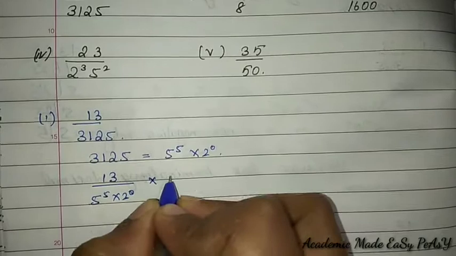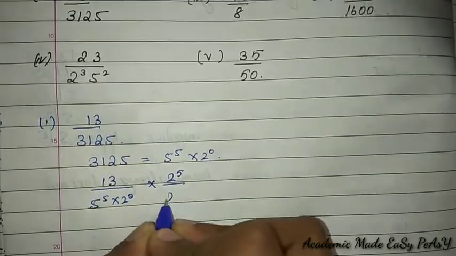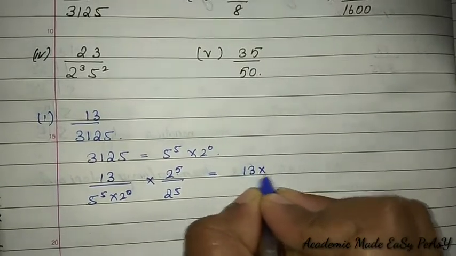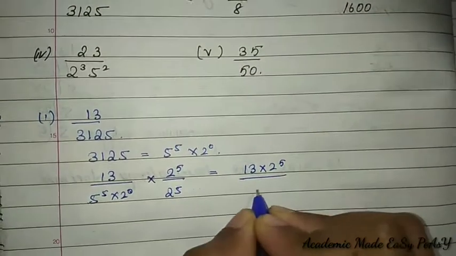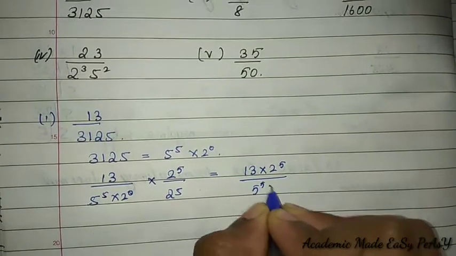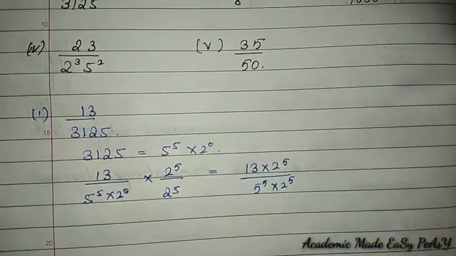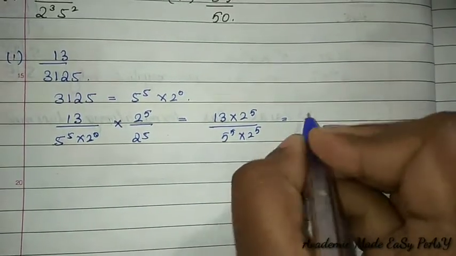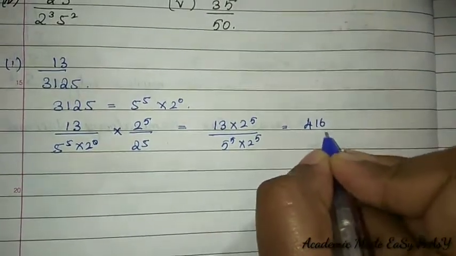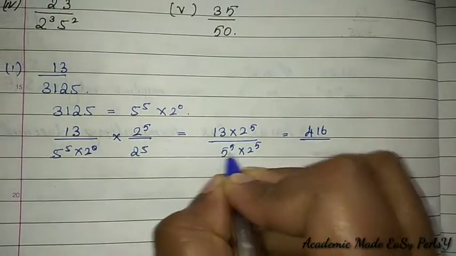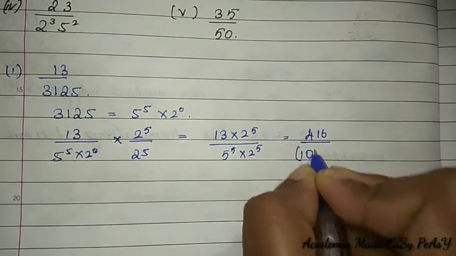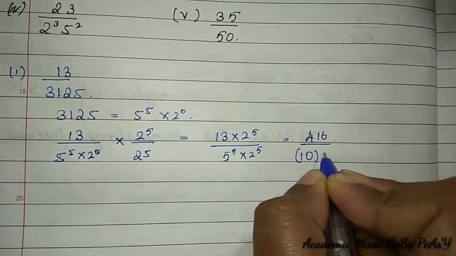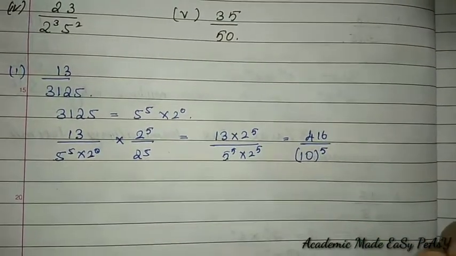So I will multiply and divide by 2 power 5. Then I get 13 into 2 power 5 divided by 5 power 5 into 2 power 5. So 13 into 2 power 5 gives me 416. Then I will have 10 power 5, taking the power common, and 5 into 2 gives me 10.